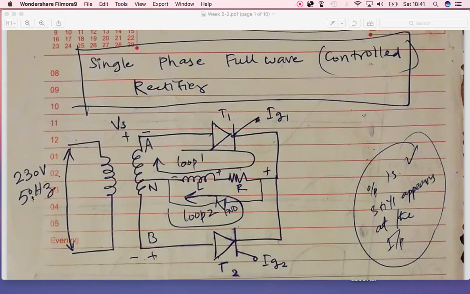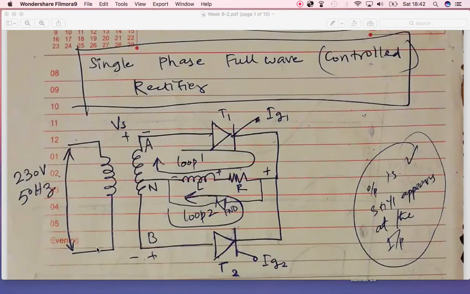So we have AC signal coming over here when this is positive and this is negative, and during the positive half cycle the current will flow from this through this depending upon its firing angle, and then through the load, inductor and discharge over here in the central tapping.